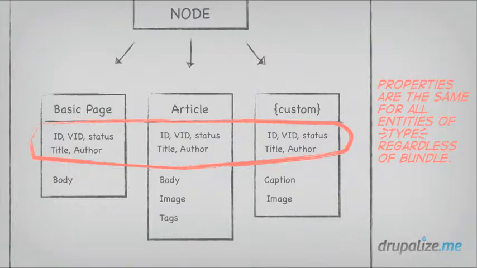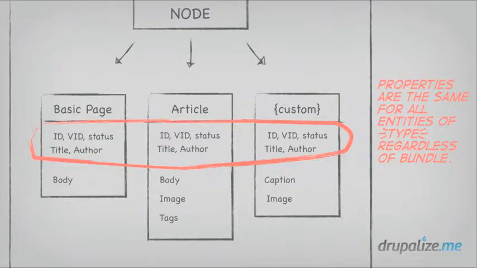Properties are pieces of information that are the same for all entities of a given entity type, regardless of what bundle. An example of that is something like the title. For nodes, which is an entity type, every node type, basic, page, article, and any that we create, all have a title property. This is the same for all nodes, no matter what the bundle.